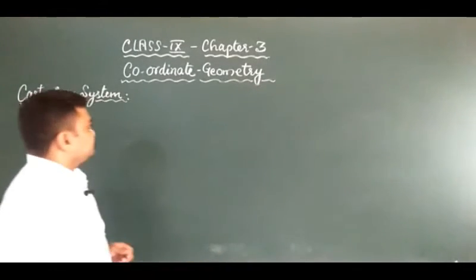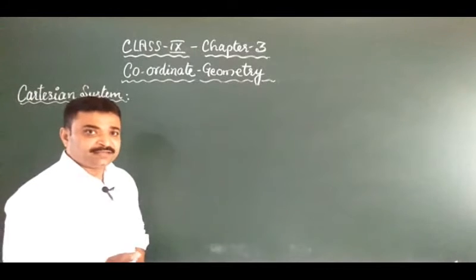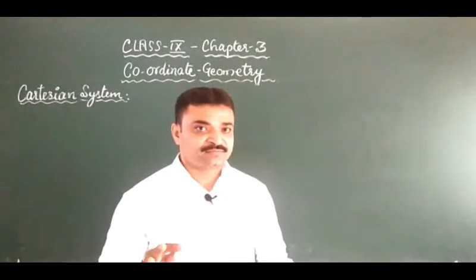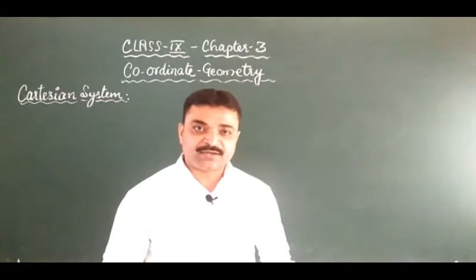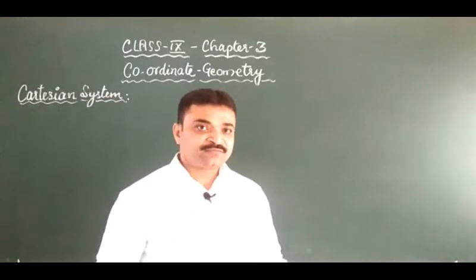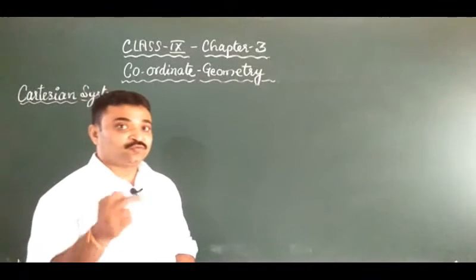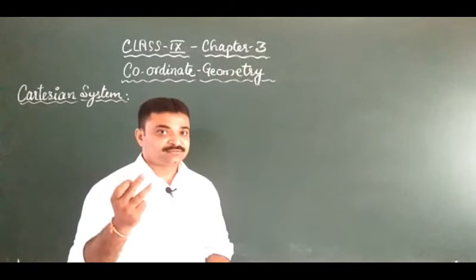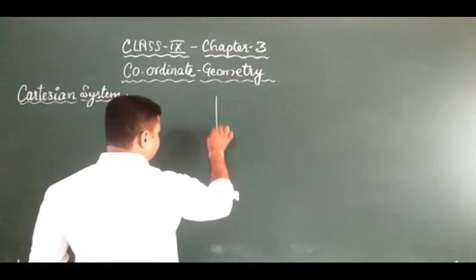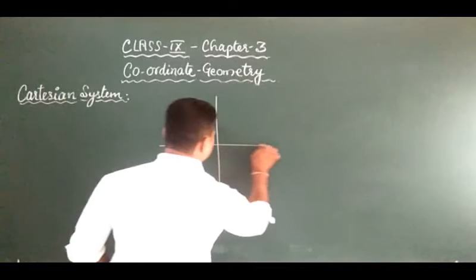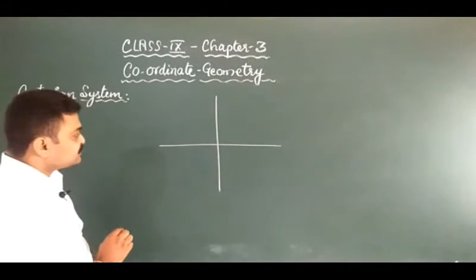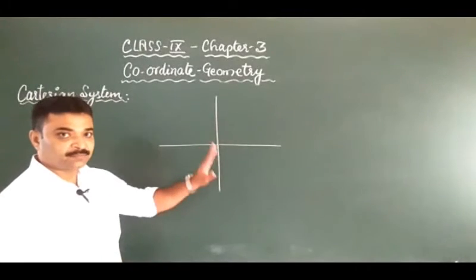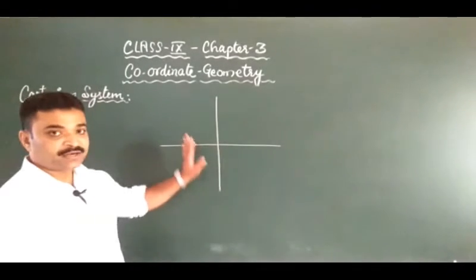In this system, the plane is divided into 4 equal parts. Clear? The plane is divided into 4 equal parts, and if the plane is to be divided into 4 equal parts, then we need 2 lines. One is in this way and the second one is in this way. These lines divide the plane in 4 equal parts.